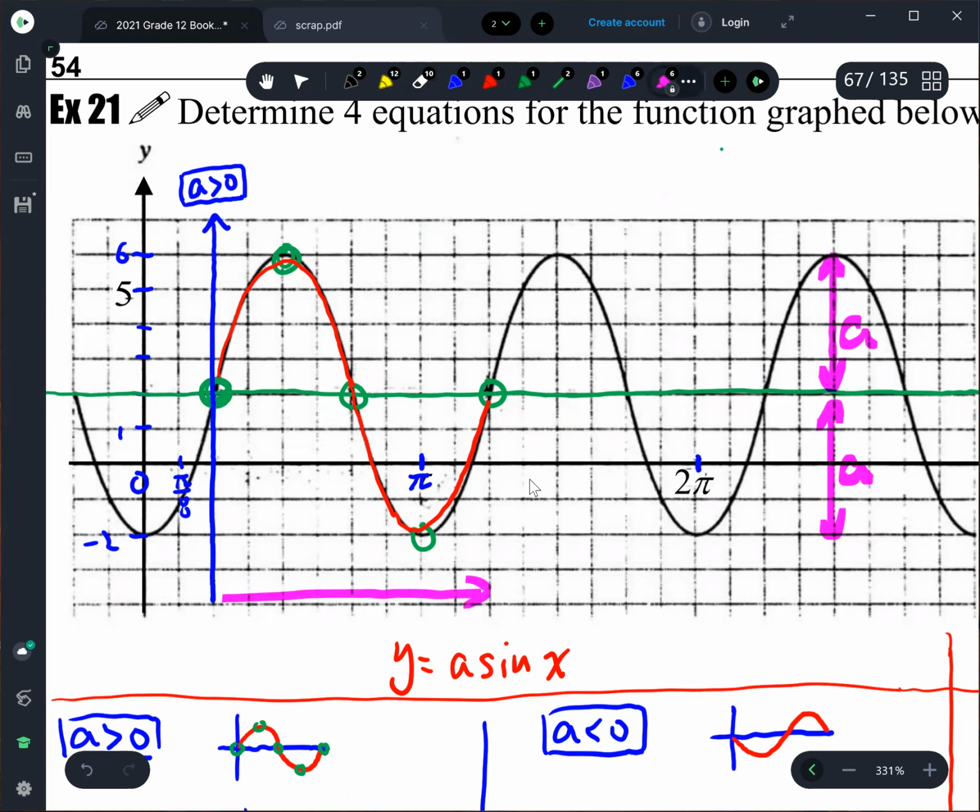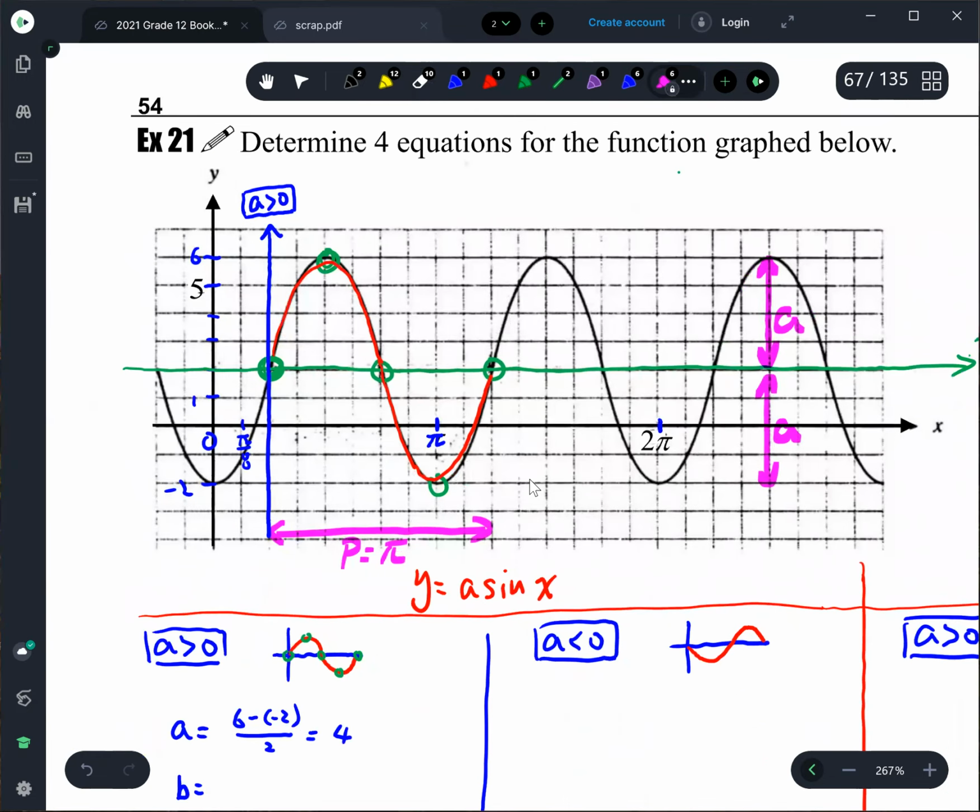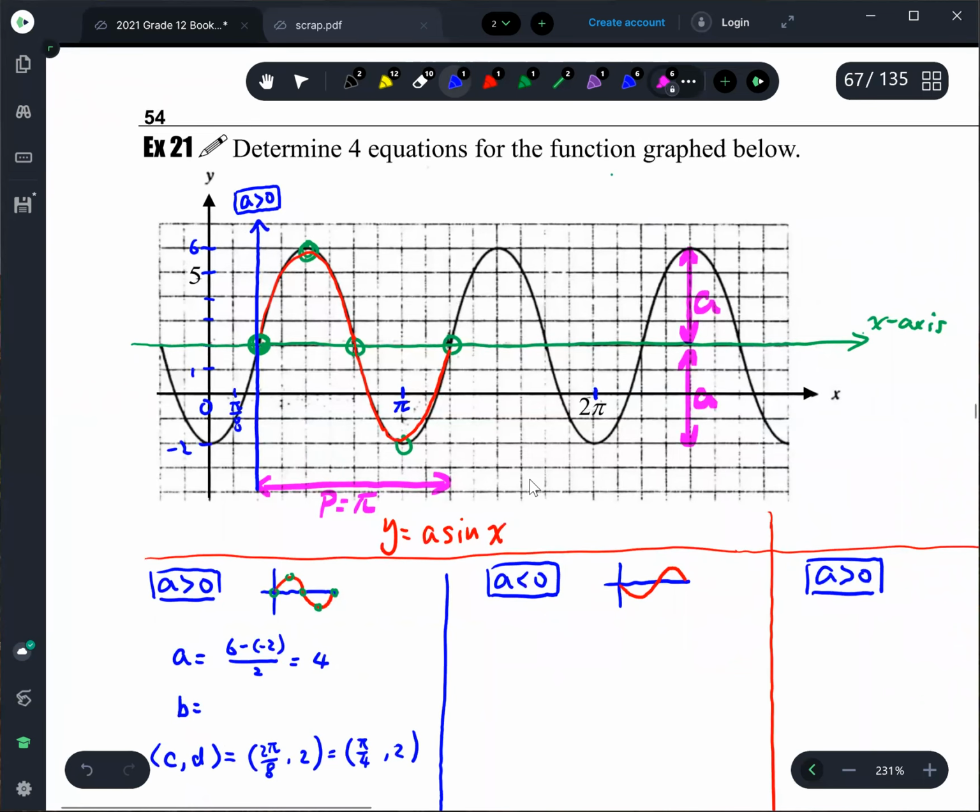Here to here. Okay, so if period is pi, then what's the value for b? Susan? 2. Yep, okay, so 2 pi divided by pi equal to 2.